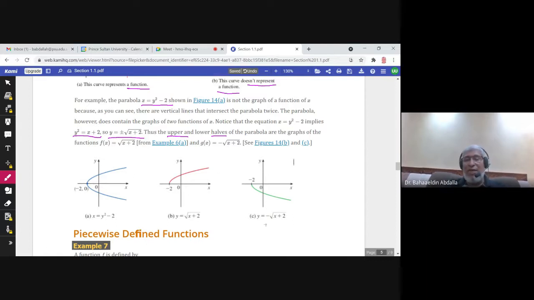And y equals negative square root of x plus 2 is the lower half of the parabola. So this parabola contains inside it two functions. The upper half is a function, and the lower half is also a function.